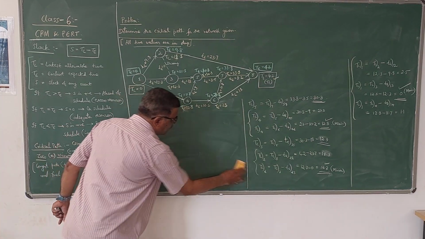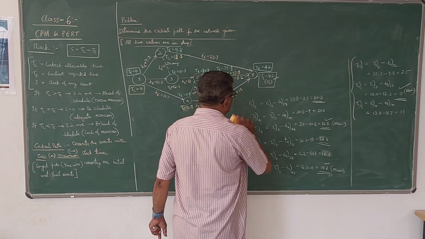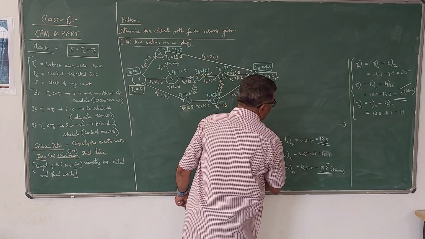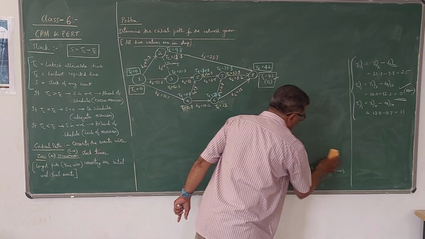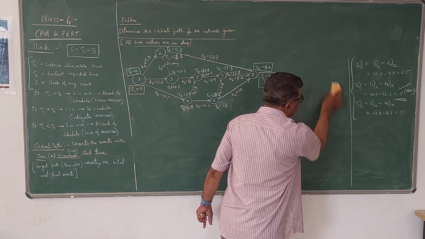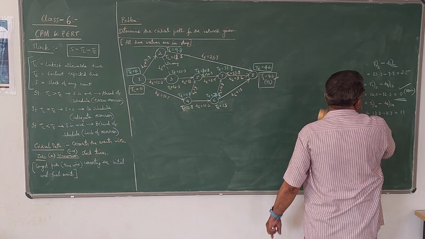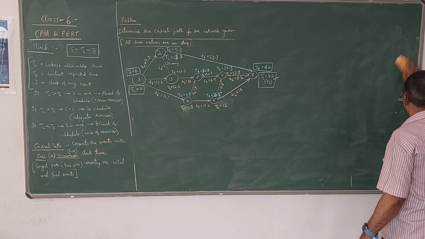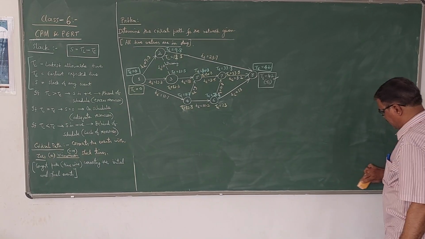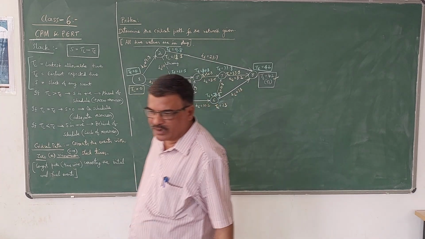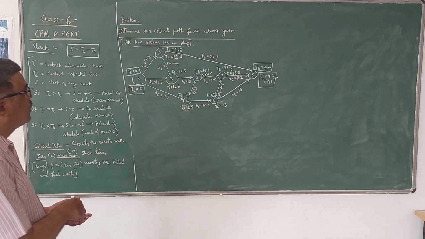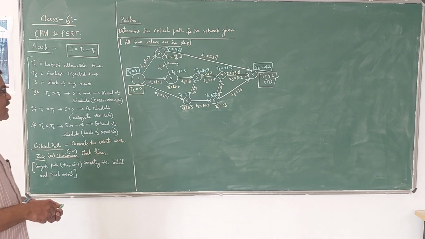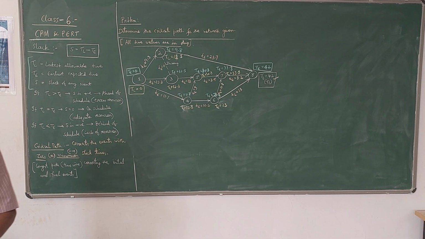TE is written above the event circle, TL below it. Now I will write the S values, then we will find the critical path. This problem is for 20 marks, so don't mind, it is easy.